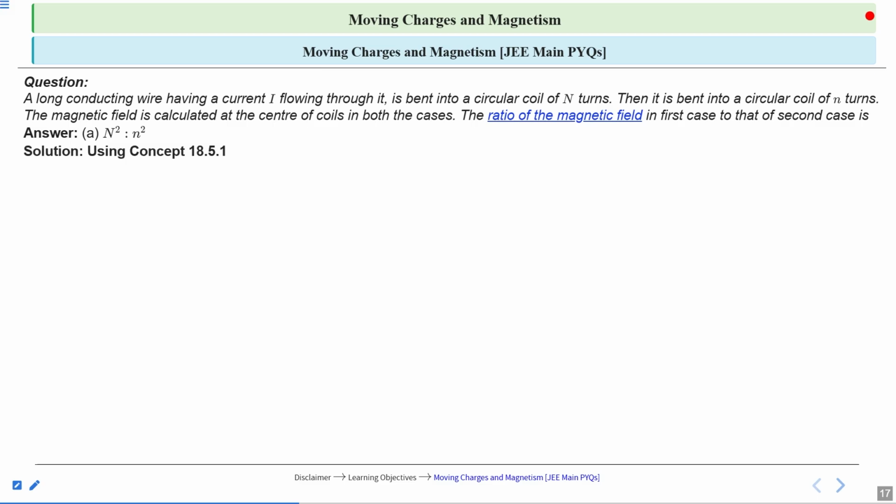So A is the correct option, capital N square ratio small n square.